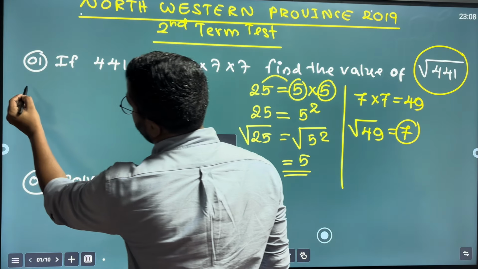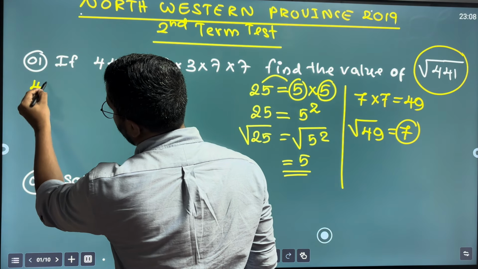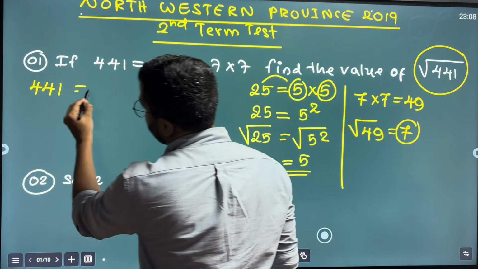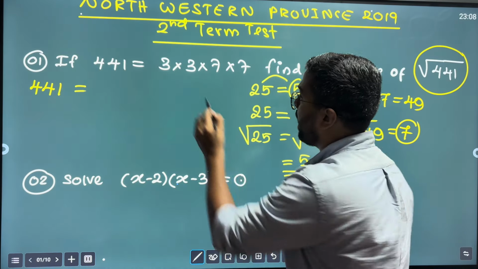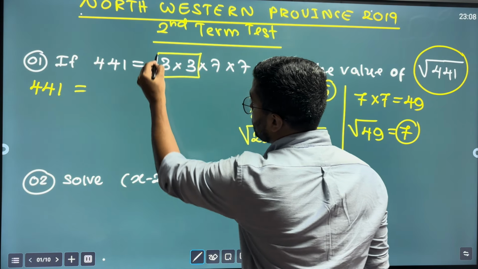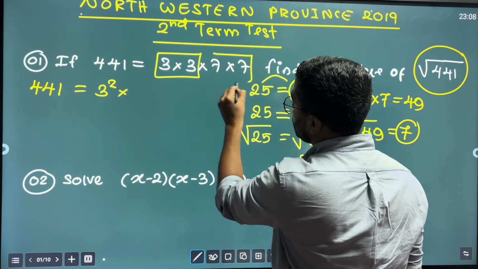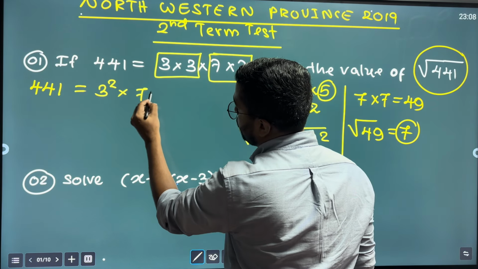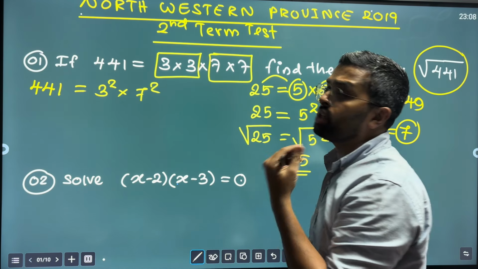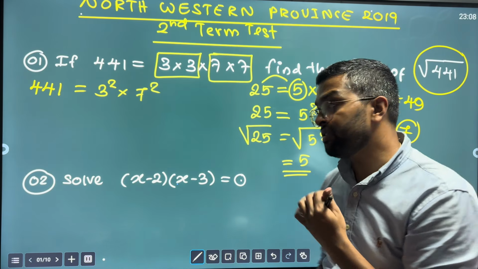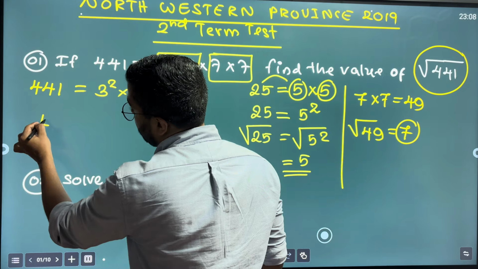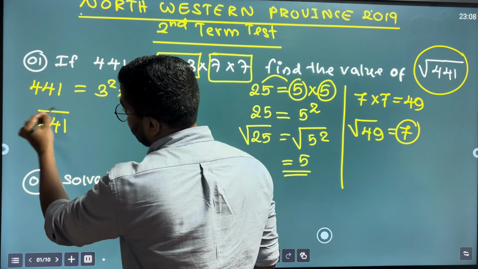Now what it is asking is the square root of 441, right? In this case, can we write 441 as 3 to the power 2 times 7 to the power 2? So 441 is equal to 3 to the power 2 times 7 to the power 2. Now let me consider the square root of the left hand side.